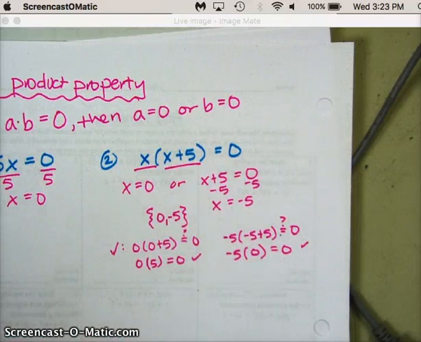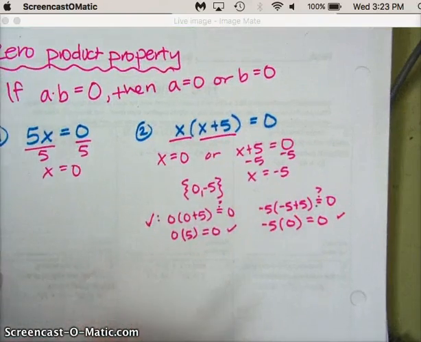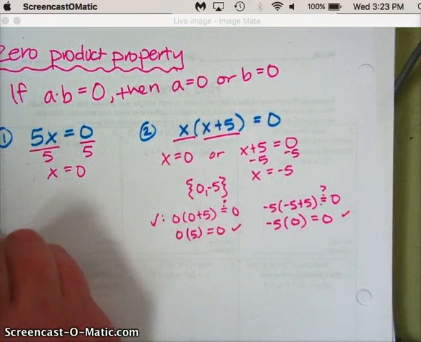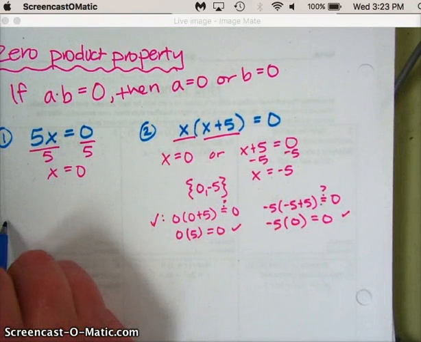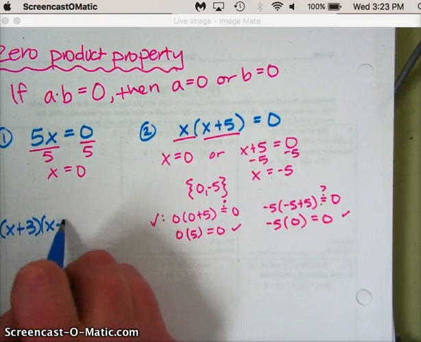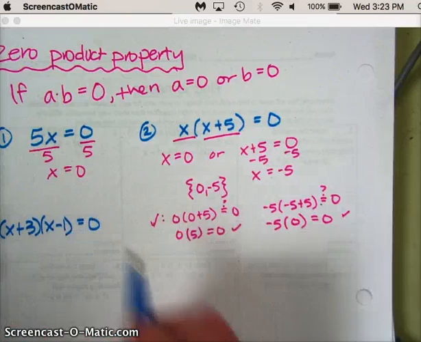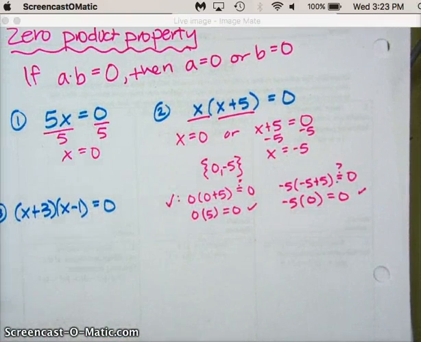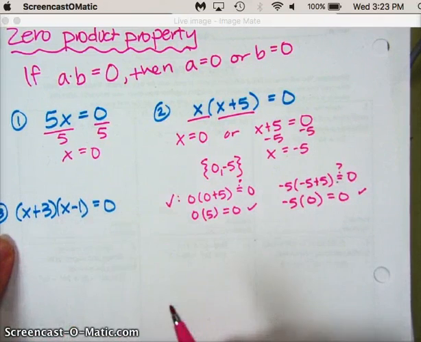Okay. So let's try another example. Let's try if we had x plus 3 and x minus 1 and it equals 0. Okay. We have two factors and we're wondering what values of x would make this equation equal to 0. Okay.